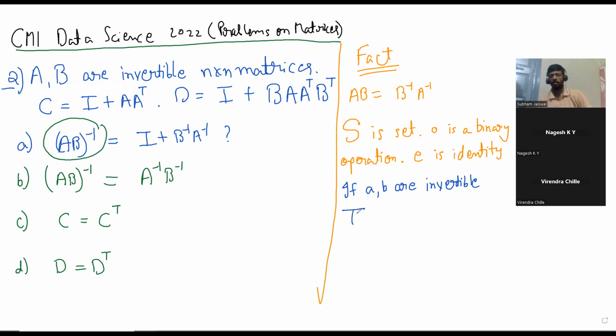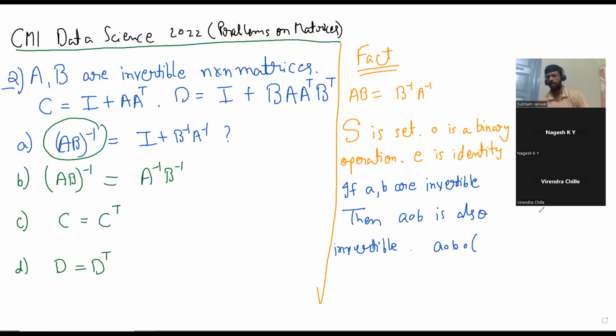Then AB is also invertible. So why is this true? It is true simply because you can find an inverse. And what is that inverse?